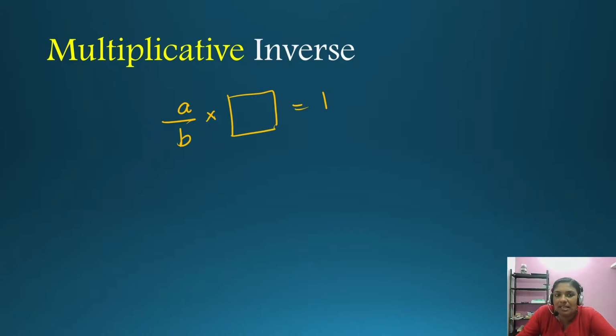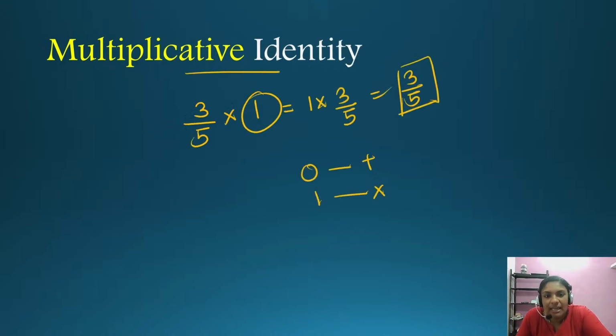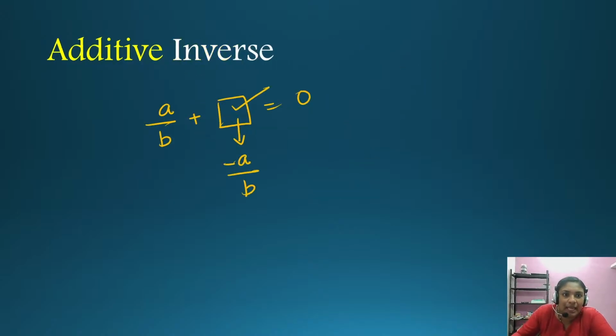So what is the multiplicative inverse of a by b? B by a. Here a by b and b by a are multiplicative inverses of each other, and a by b and minus a by b are additive inverses of each other.